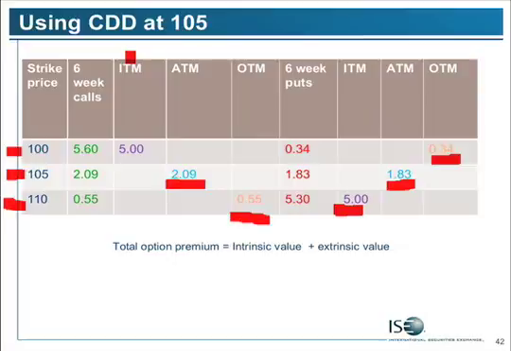However, if it's trading around 103, the 105 might be trading at $2.30, $2.40, whatever. So I paid $1.80, and I'm only up about 60 cents. And with the out-of-the-money option, you might have been right, but because it didn't move down that quickly, I could actually be losing money on this trade.